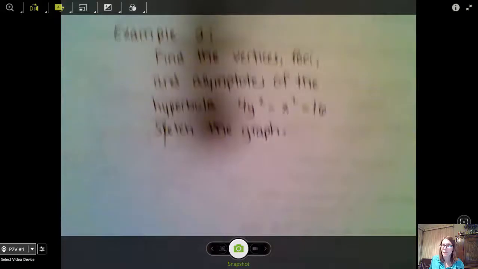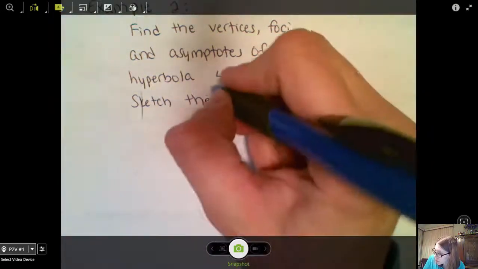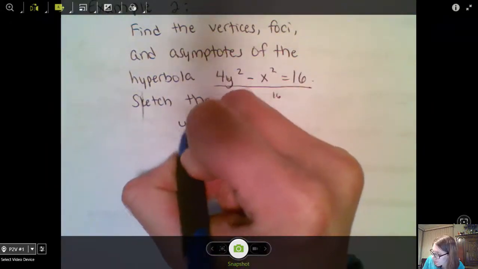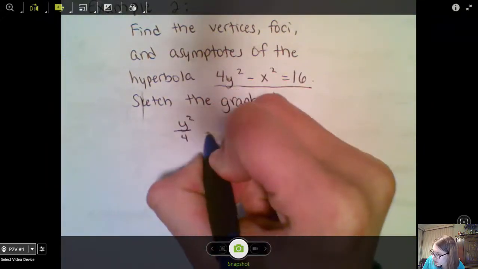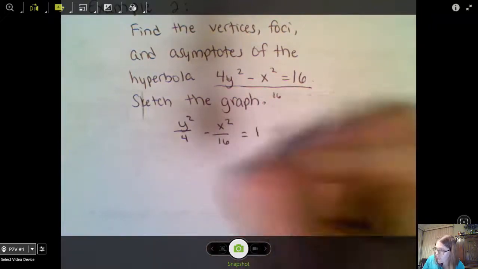First of all, I noticed that my equation for my hyperbola is not in standard form because it doesn't equal 1. And we need to start off by dealing with that. So divide both sides of your equation by 16. Now it gives us the equation y squared over 4 minus x squared over 16 equals 1.